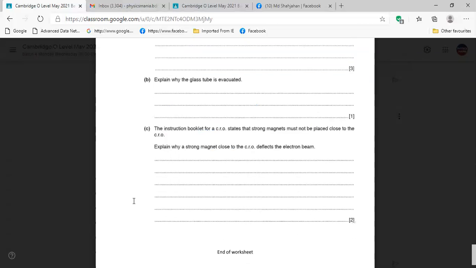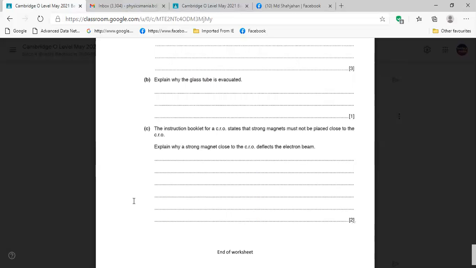Then the next one. Read. Explain why a strong magnet close to the CRO deflects the electron beam.